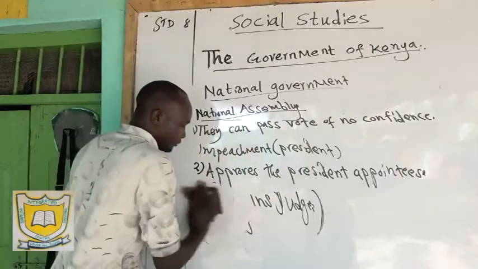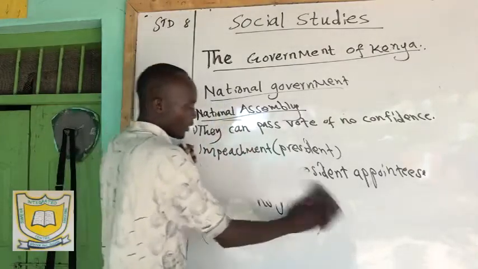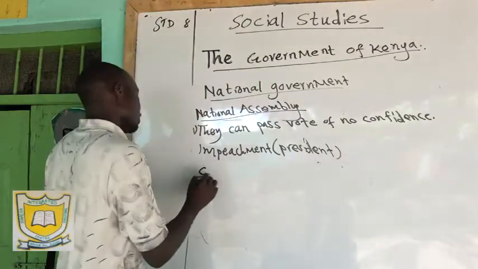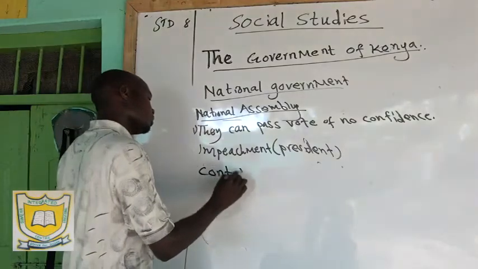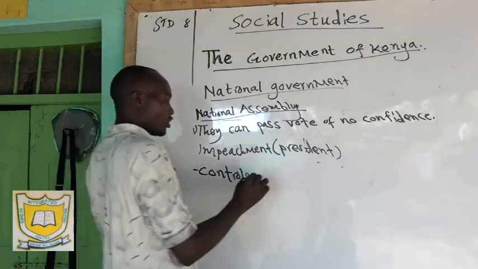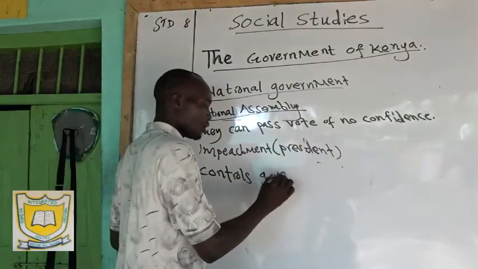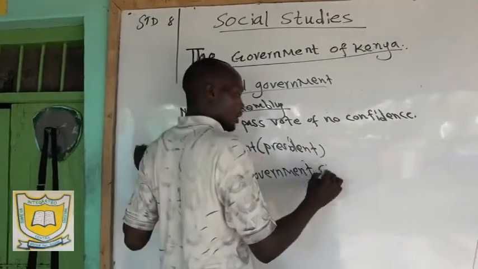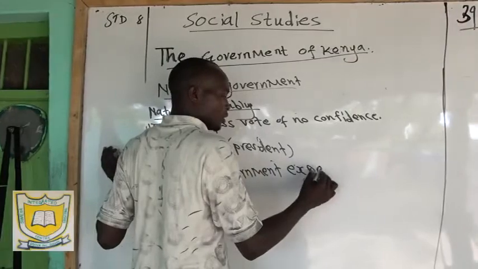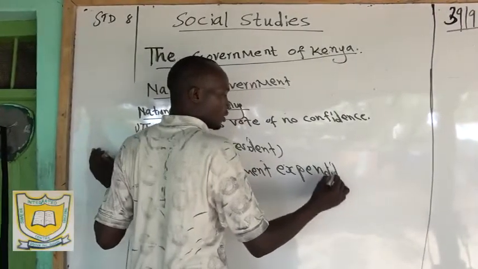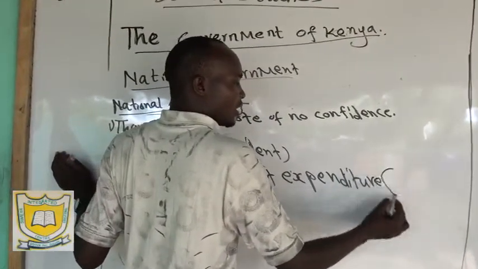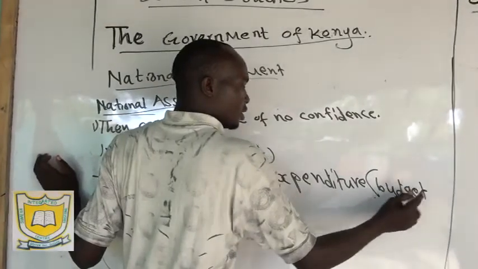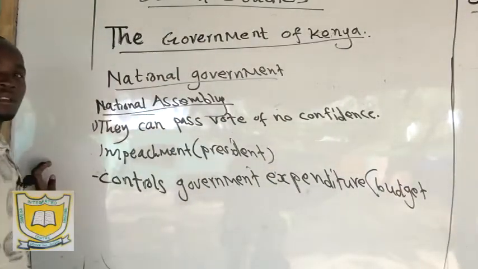Then we have, controls government expenditure, or what we call budget. Government expenditure or budget.